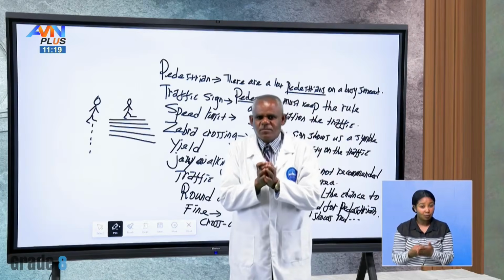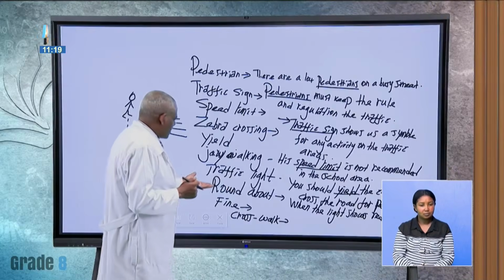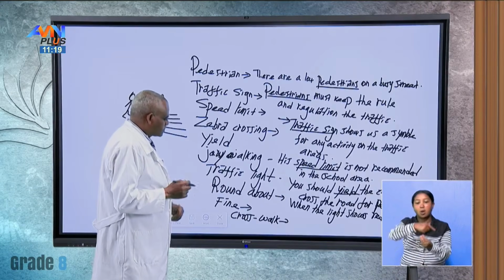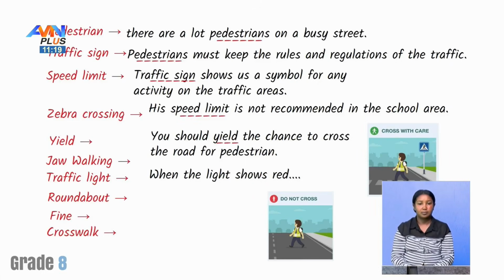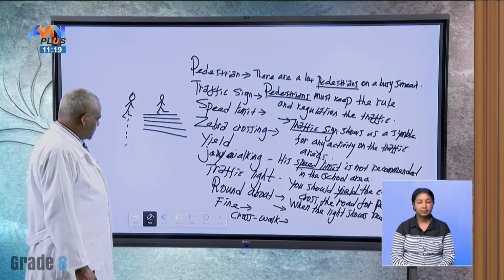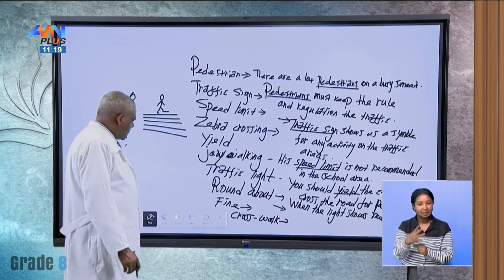Therefore, you have to keep all these things. So that's it. The other one is roundabout. Roundabout means it is only allowed for the vehicles. Yeah, the way they are crossing the road in different contexts. Very interesting one.